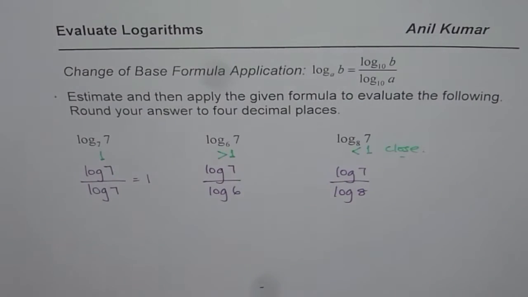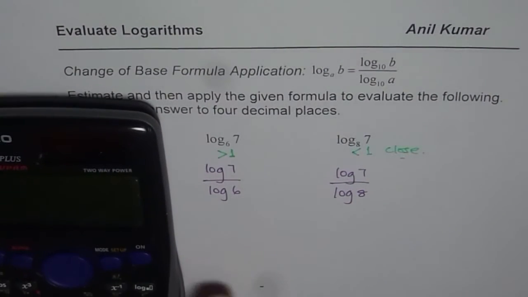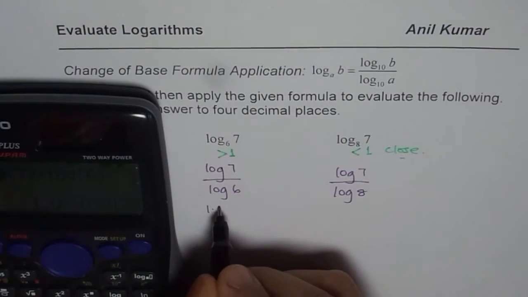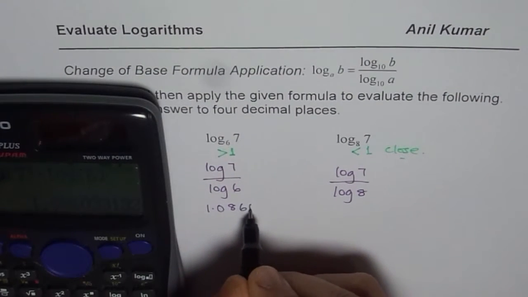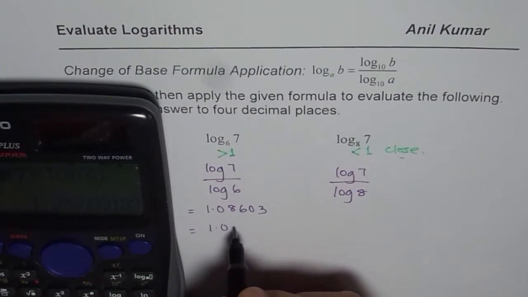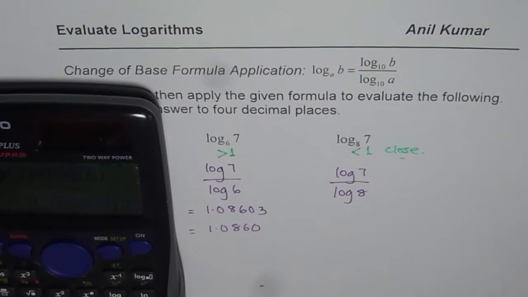Now let us use the calculator and find these results. So first one is log 7 divided by log 6. So we have log 7 bracket close divided by log 6 bracket close equals, the value is 1.08603. Now rounding to 4 decimal places will be 1.0860, correct?